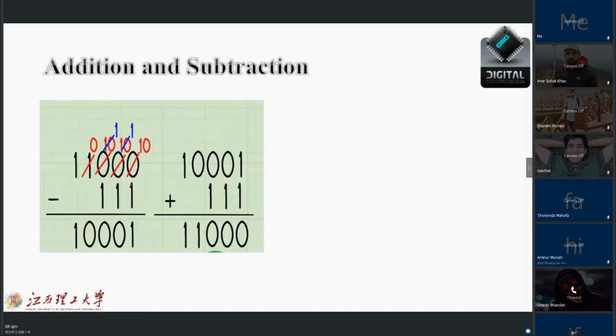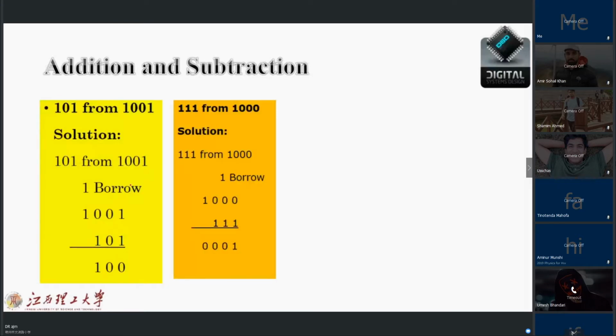Now, please do this. If we want to do the subtraction between 101 and 1001, like that, what should we do? We want to do the subtraction.